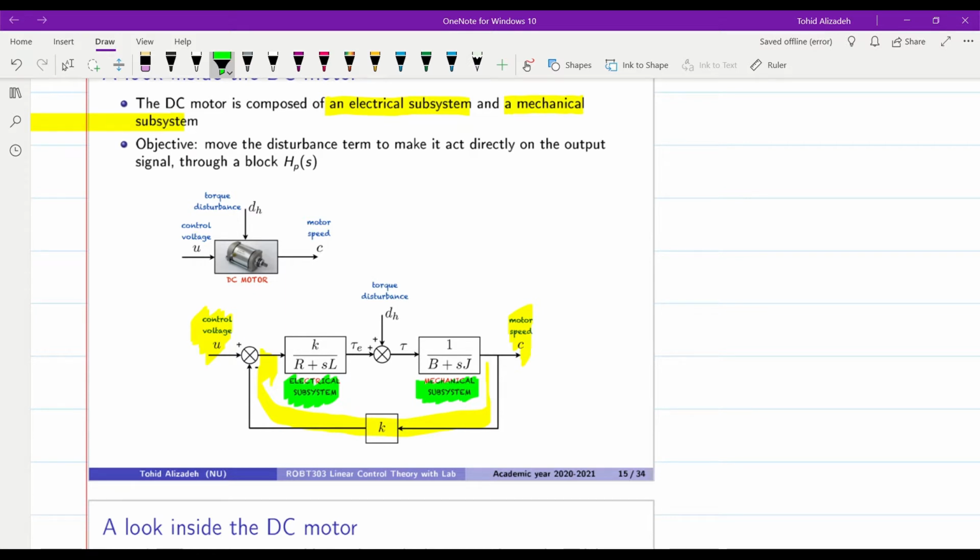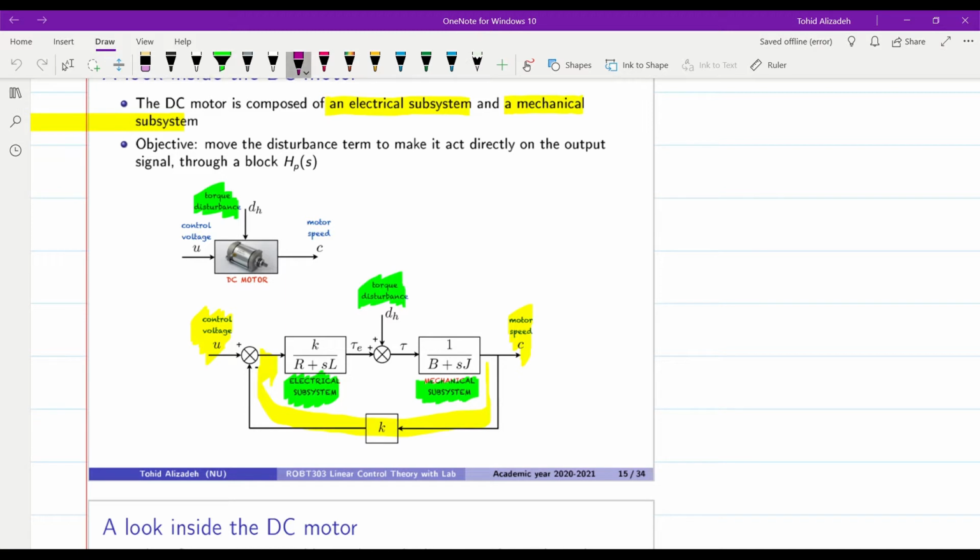And then the torque disturbance that we just discussed, given as dH, is in the form of a signal which is being added to the output of the electrical subsystem. Okay, so it is somewhere inside there, affecting the behavior of the DC motor somewhere inside it.